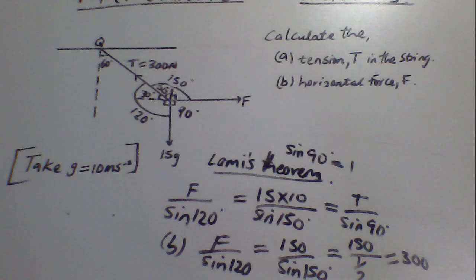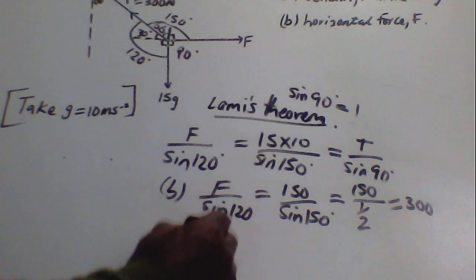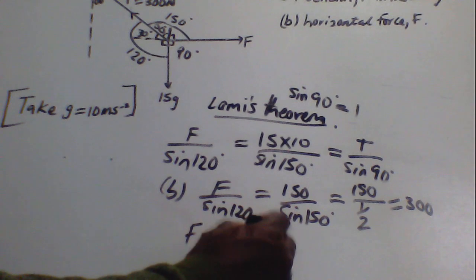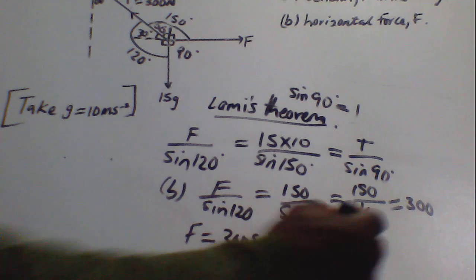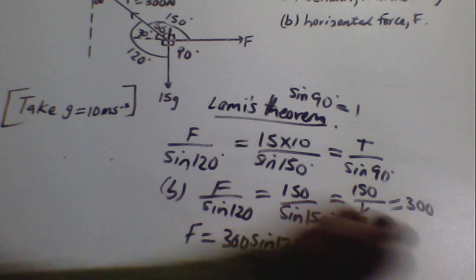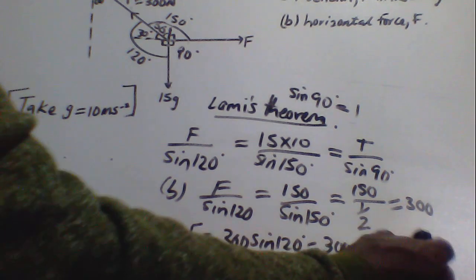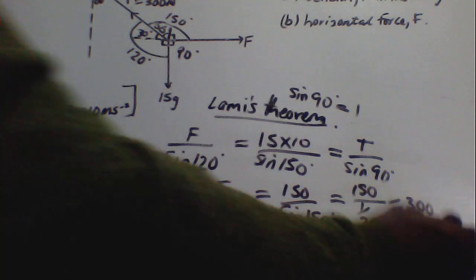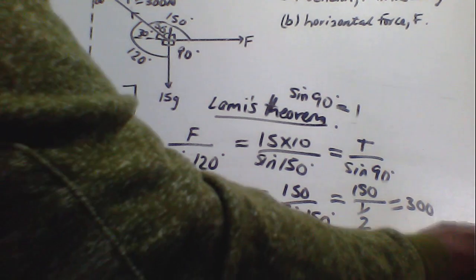So the next thing is to cross multiply. If you do it, you have F equal to 300 sine 120, and that gives us 300 times what? Root 3 over 2, and that gives us what? 150 root 3 Newton.